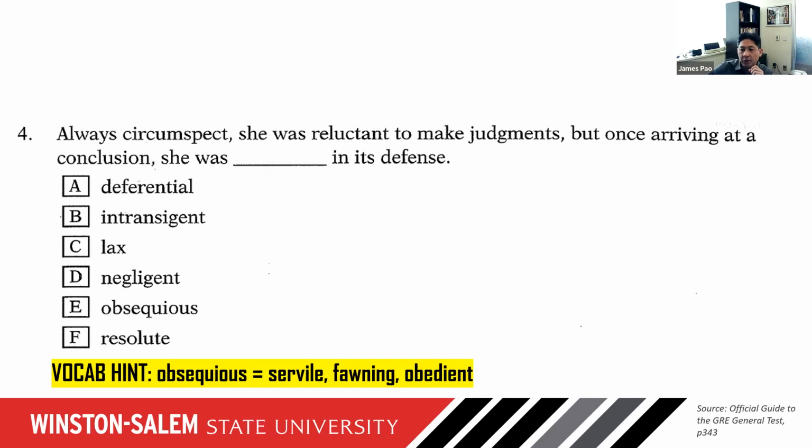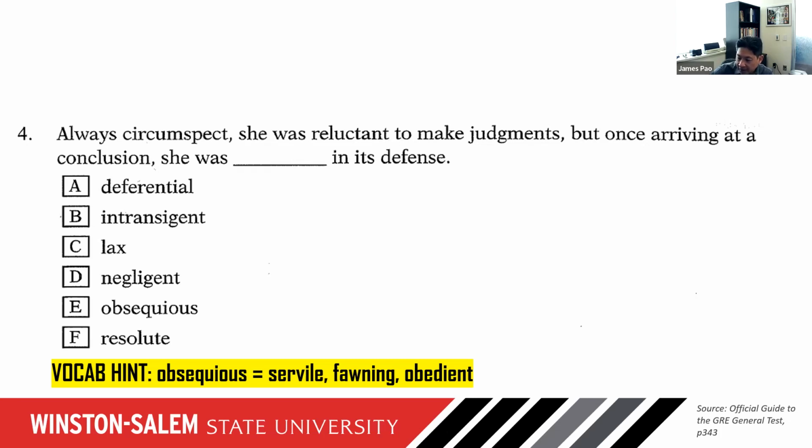Give me a word of your own, not on this page. Reluctant to make judgments, but once arriving at a conclusion, she was. But means, however, I am now going to say something opposite. The first thing I said is, she's very thoughtful, careful.